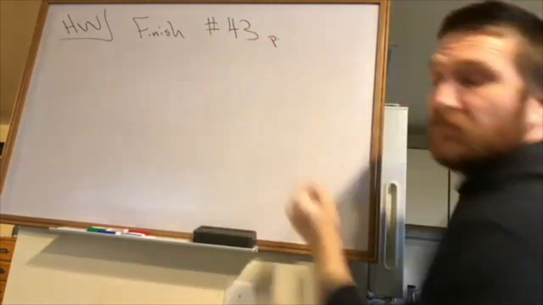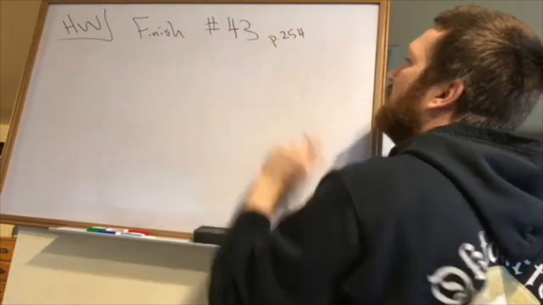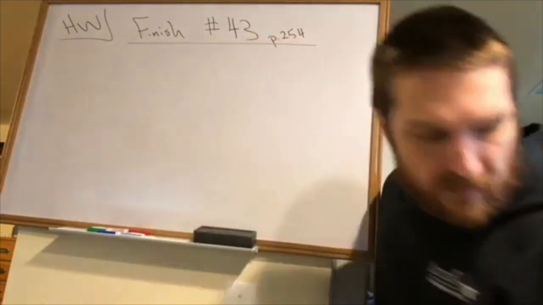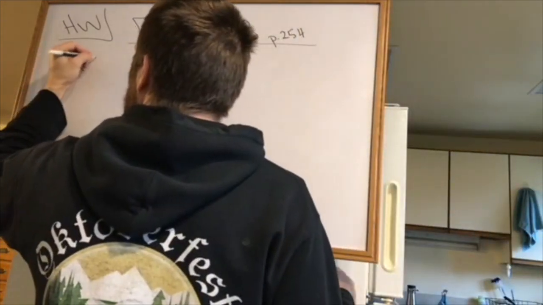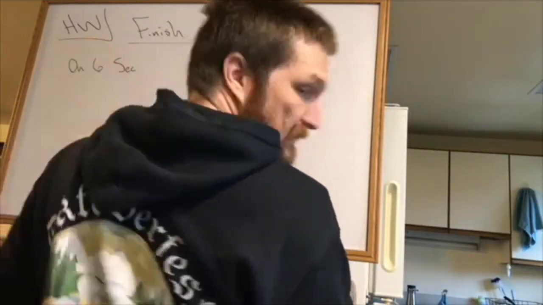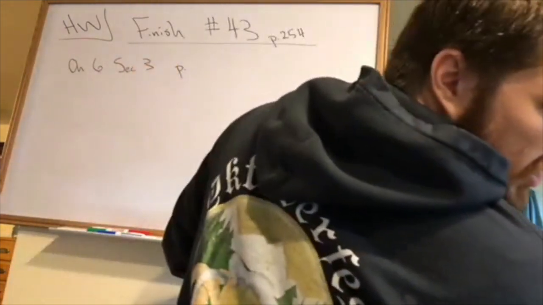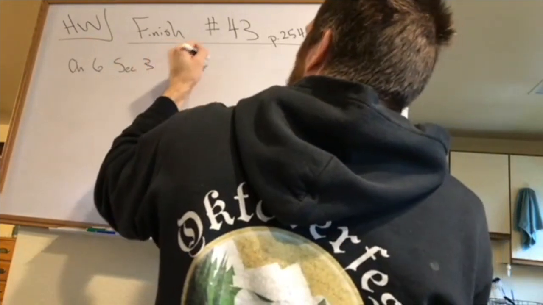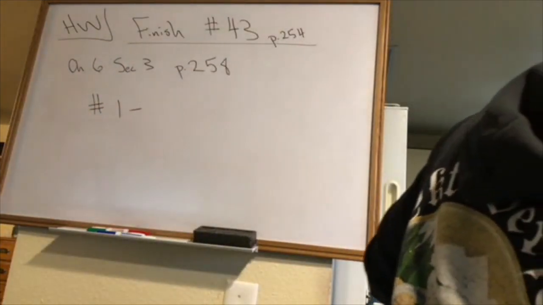And this was from page 254 from last time. Finish number 43. And then for this one, this is chapter 6, section 3 from page 258. And we're doing number 1 through 19 odd.